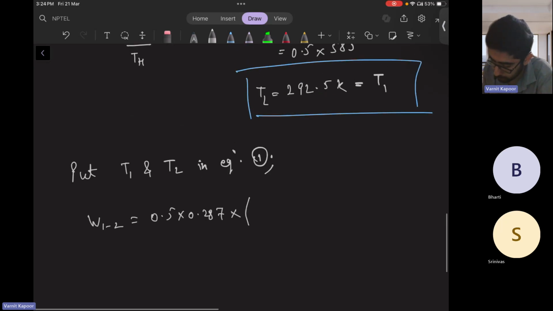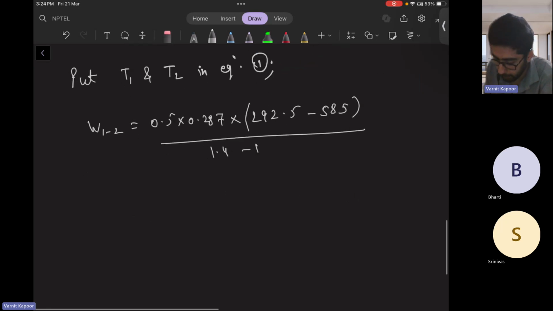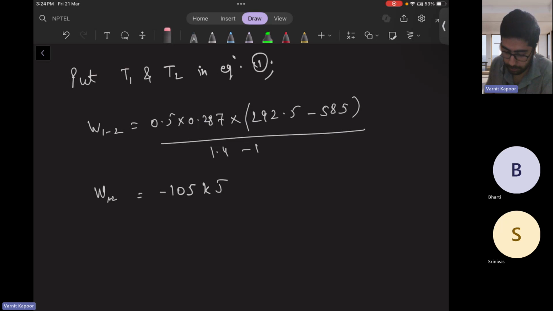T lower is 292.5 and T higher is 585, by gamma minus 1, gamma is 1.4 minus 1. So it comes out to be negative of 104.8 something, so that is 105 kilojoule. Eventually it should be a negative value, so it's a compression process. So work from 1 to 2 is negative of 105.